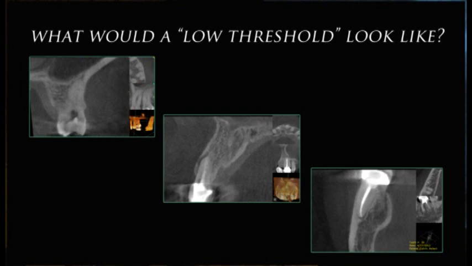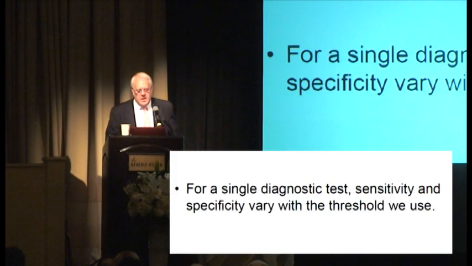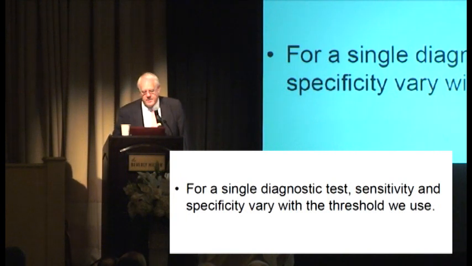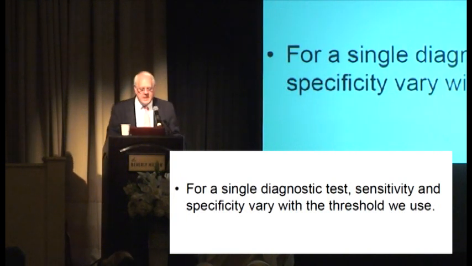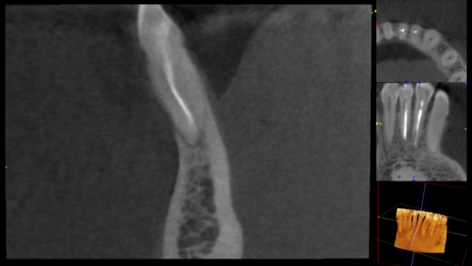If I see it, yeah, I'll go in, I can find it. But what if I don't? So I need to make a call on this, and there's uncertainty involved in that call. And depending where I draw my sensitivity specificity line is going to determine how I evaluate this radiograph. So what I'm trying to get across is that with one single cone beam volume, the sensitivity and specificity may vary with the threshold.